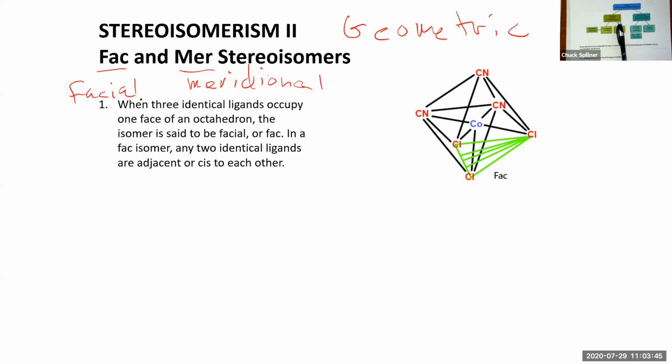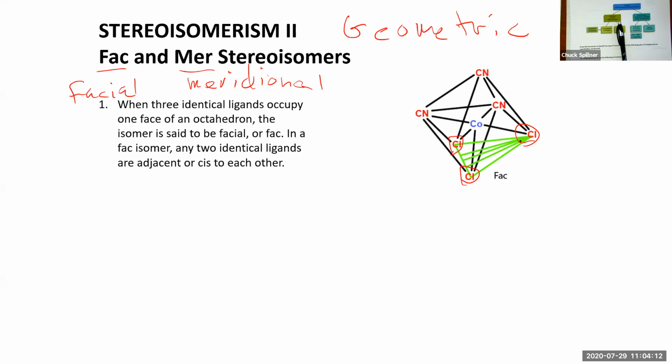So we have an octahedron. If they're on the same side of one of the octahedron faces, if you will, or planes. So the octahedron has 8 planes that form this octahedron. If 3 of the ligands form one of the planes, so we have chloro, chloro, chloro, that would be a facial isomer. And again, let's look at these bond angles.